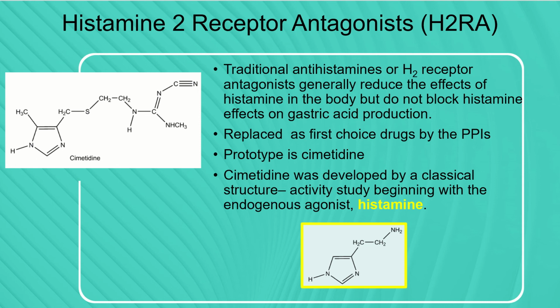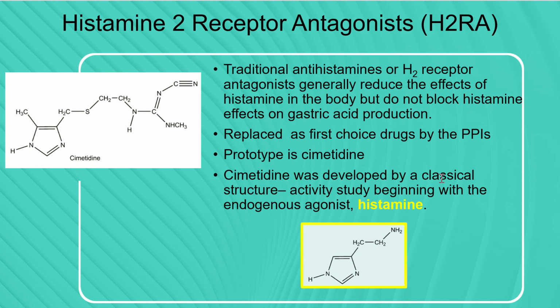The H2RA, which are your histamine 2 receptor antagonists that we're talking about, that class of drug was replaced as first choice drugs by the PPIs, and the prototype is cimetidine, and the structure is seen here.